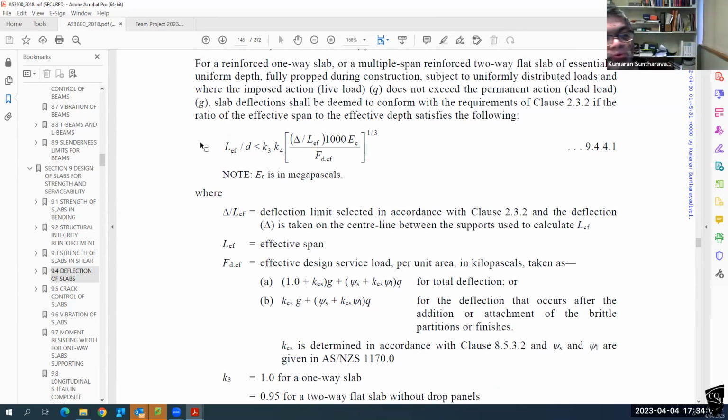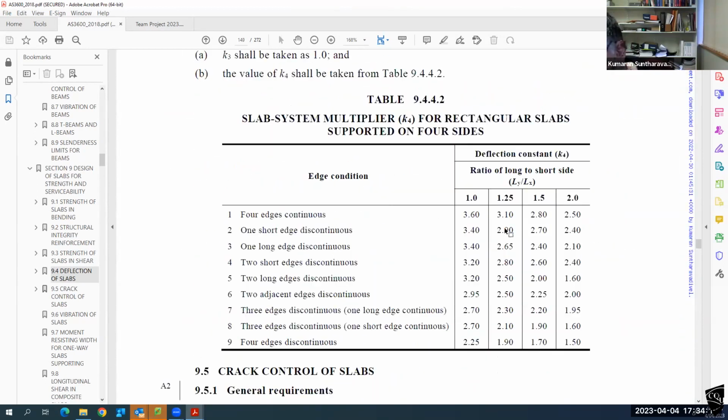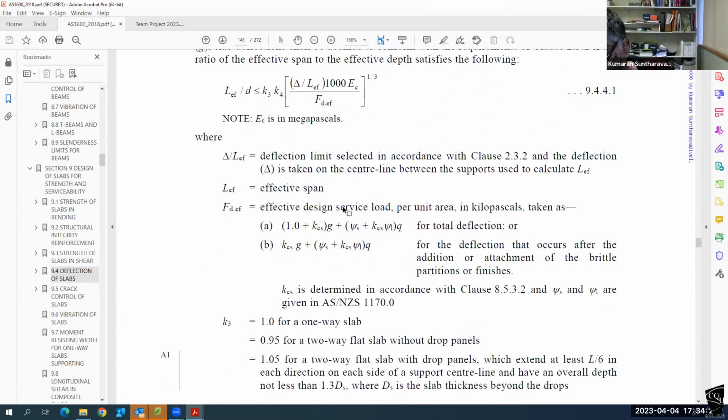So we need to use the shorter effective span, that is LX. Use LX here, the effective span, and the K4 value you have to take from the table, depending on this ratio. If you have something in between these two, do the linear interpolation. So you should be able to check whether your assumed depth is okay or not. Is that clear?